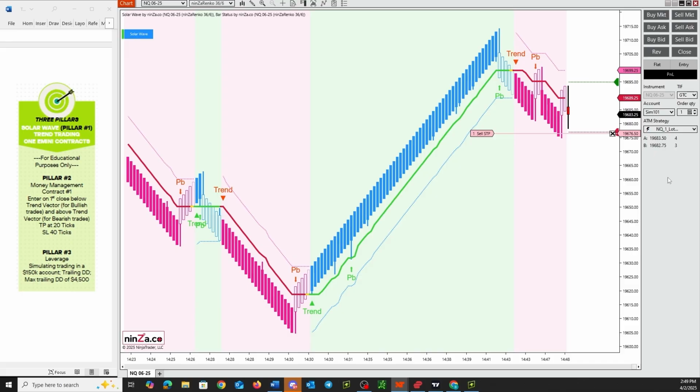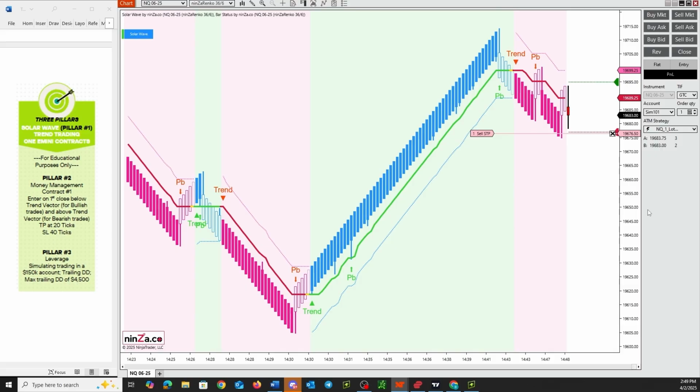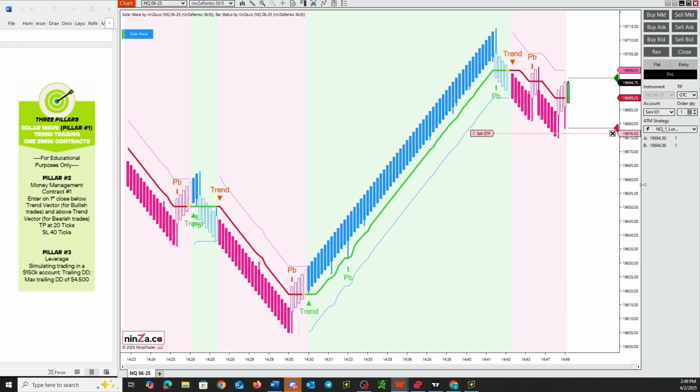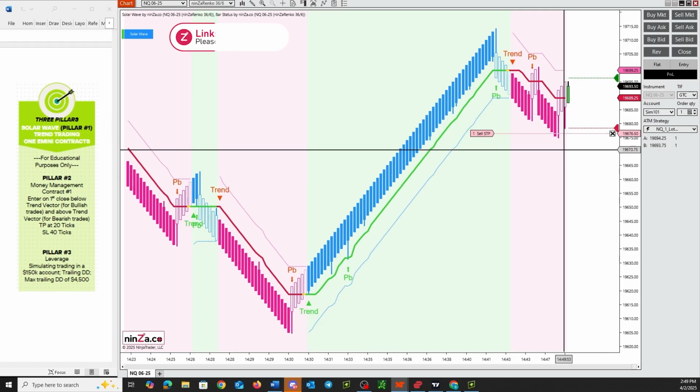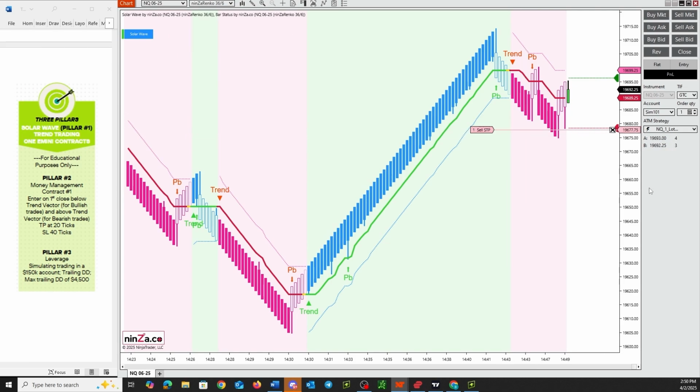Alright, now this ATM's set for 20 ticks, so if we get entered, I'll have to manually move that up as close to 13 ticks as I can. I'm not convinced we're going to close down here. I mean, we're in a super strong environment. But just in case.